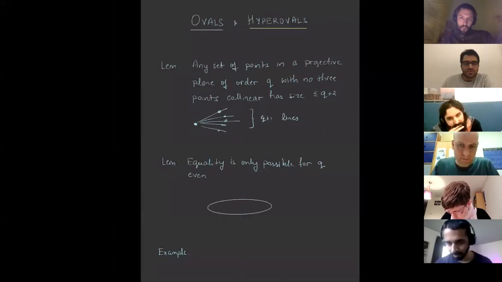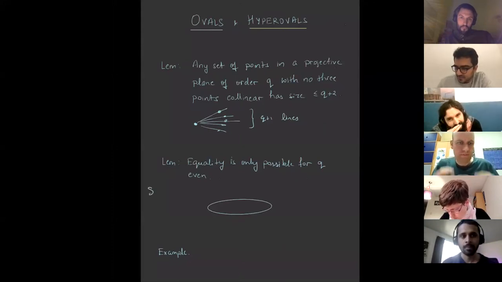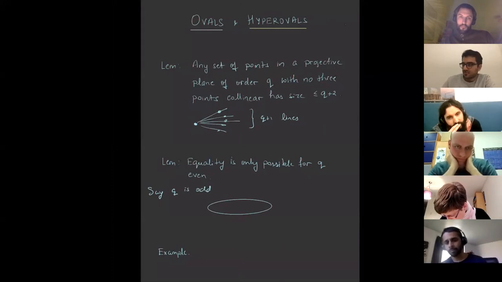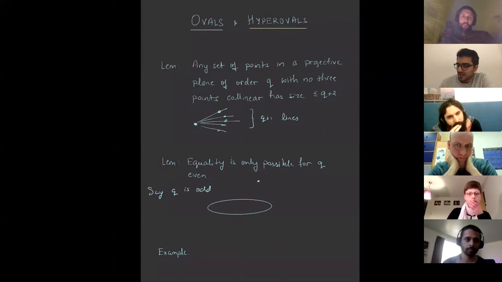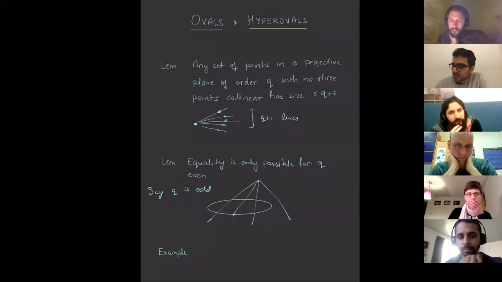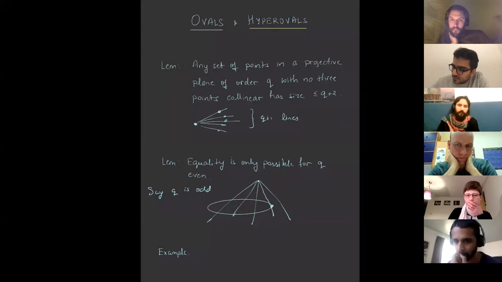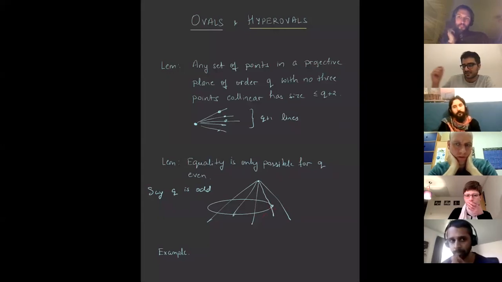So for q odd, let's just write it. Say q is odd, and you have a set of q plus 2 points, no 3 collinear. Then you just take any point in the projective plane outside it and look at all the lines through this point. You show that there can't be any line that meets this set in exactly 1 point.